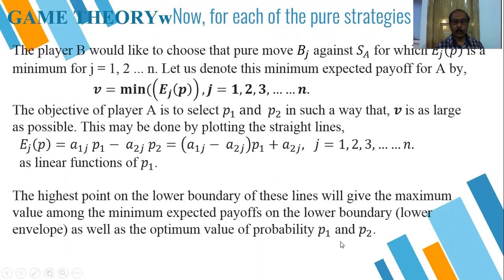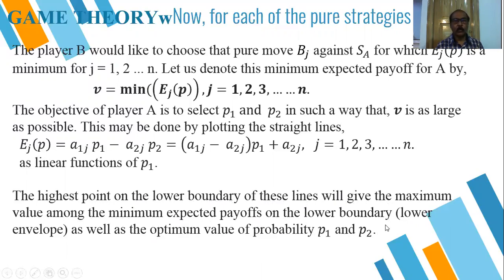We have to move from lower to upper and find the boundary of the envelope. The highest point of the lower boundary of these lines will give the maximum value among the minimum expected payoffs on the lower envelope, as well as the optimum values of the probabilities P1 and P2.